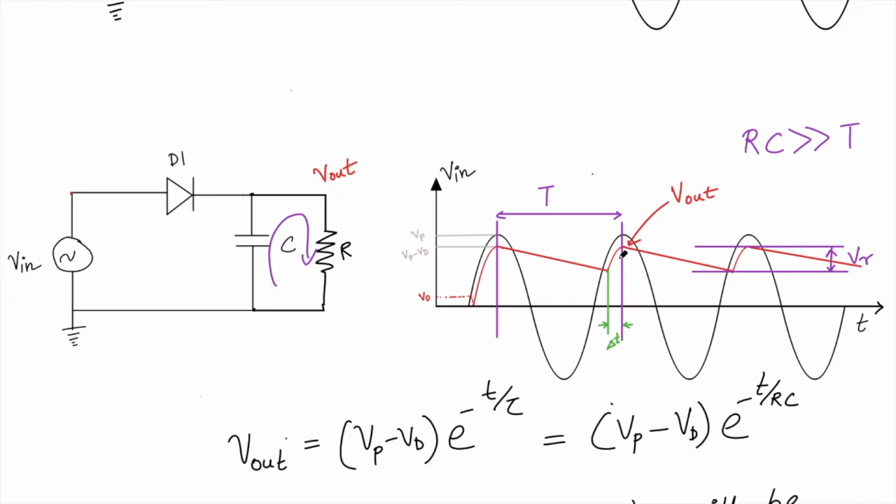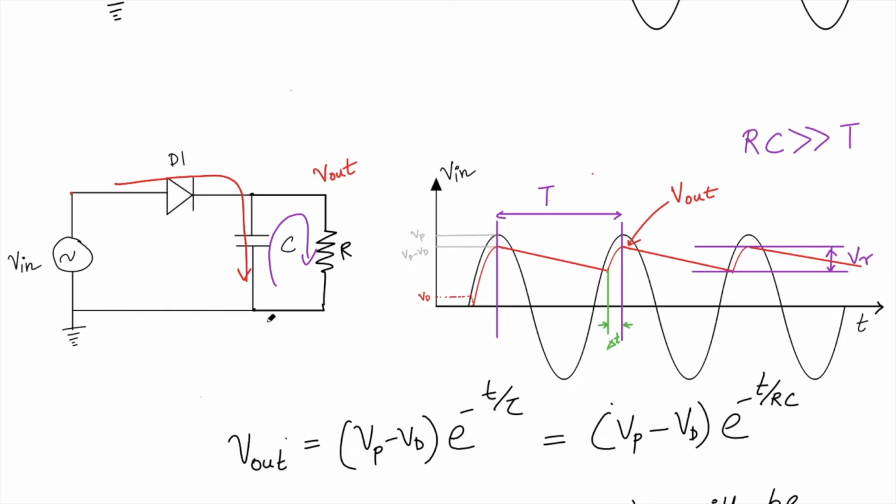If you see here, during this phase delta t, the capacitor is getting charged. So the current is going to flow and charge the capacitor. During this period there will be a peak amount of current flowing through this diode to charge this capacitor. And higher the value of the capacitor, higher will be this current.